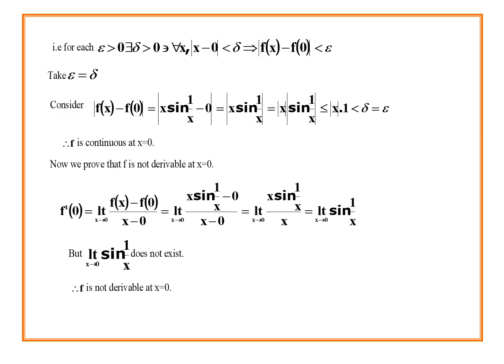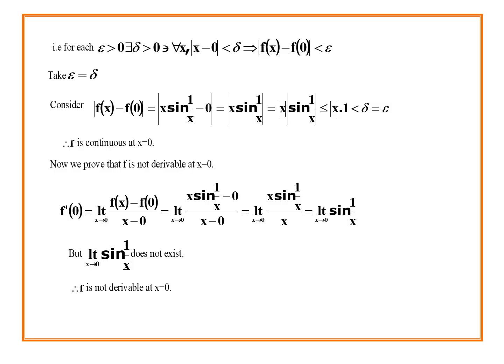That is the definition of continuous. For each epsilon greater than 0, there exists delta greater than 0 such that for all x, mod x minus 0 less than delta implies mod f of x minus f of 0 less than epsilon. Take epsilon equal to delta.